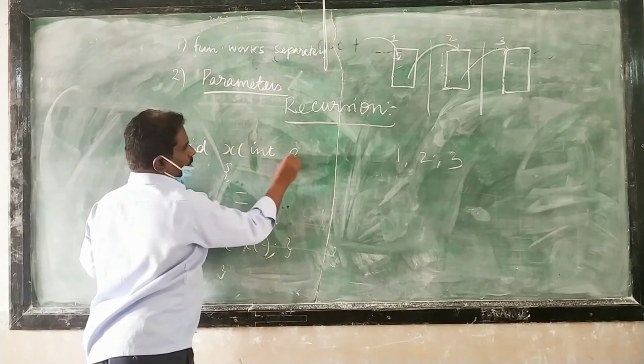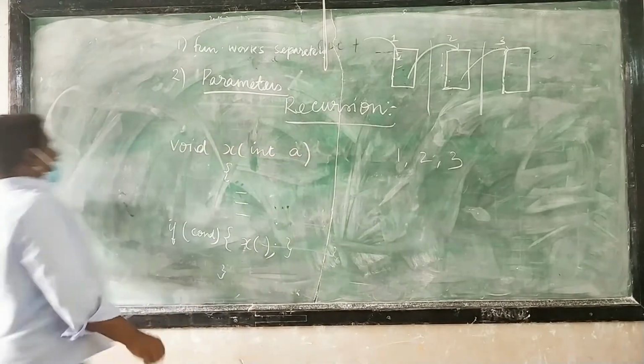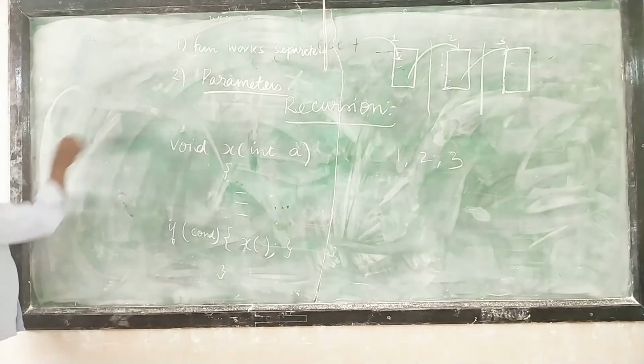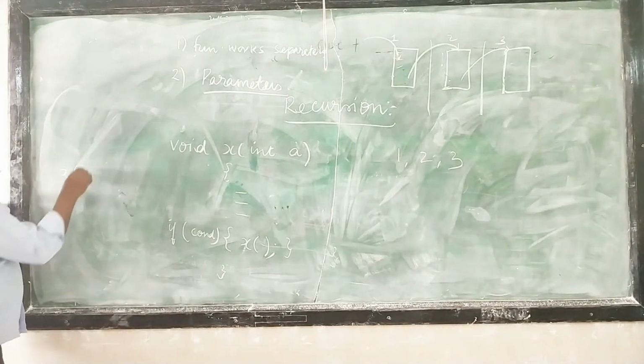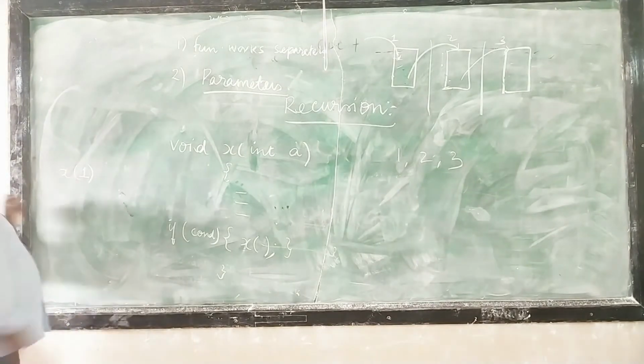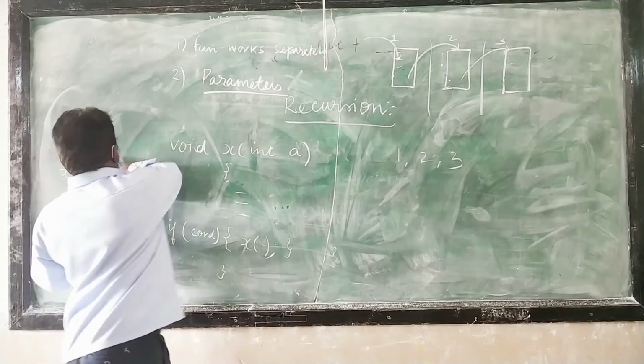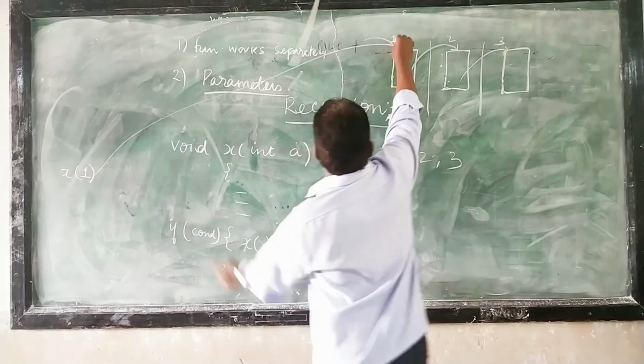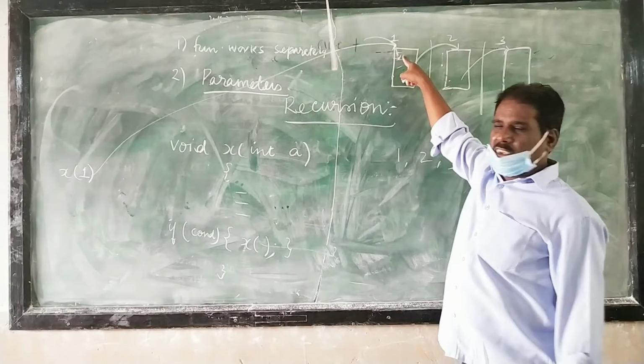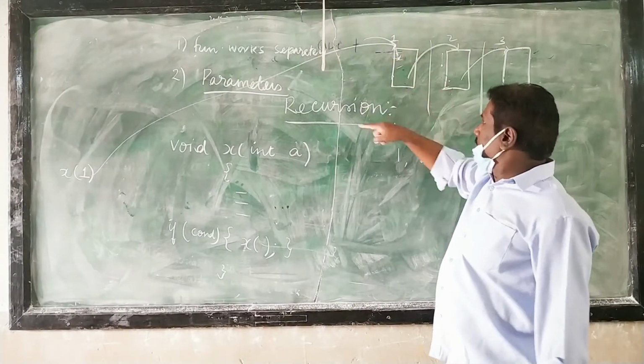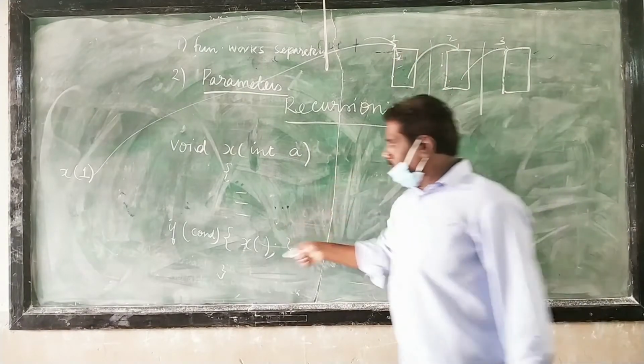int a. So the first time I will be calling the function x of 1. So 1 will get passed into the first area. And here I want 2, the second time I want 2.